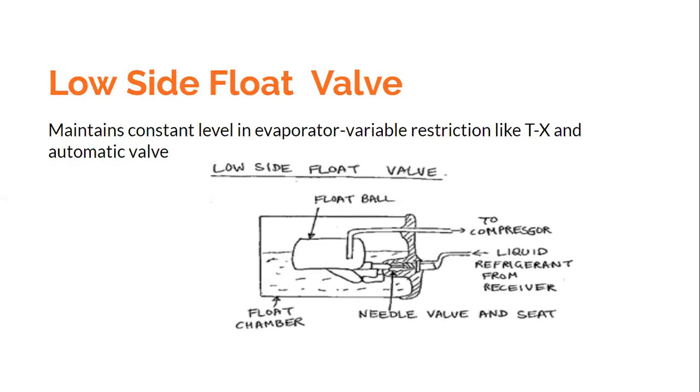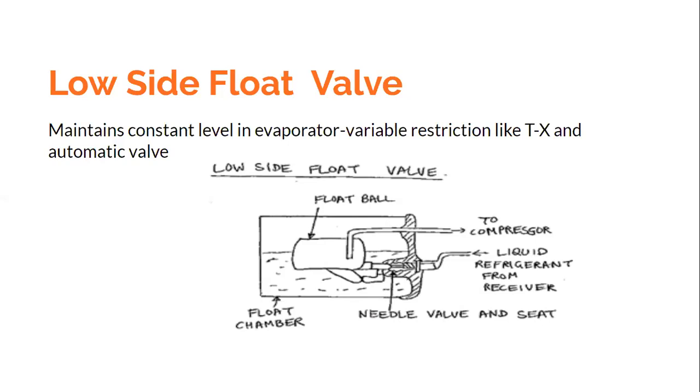One is the most popular one, the small, beautiful capillary tube. The second one is the automatic expansion valve. It's automatic in the sense that it maintains the evaporator pressure automatically constant. The disadvantage of the automatic expansion valve as well as of the capillary tube is that both are incapable of catering to variable loads.